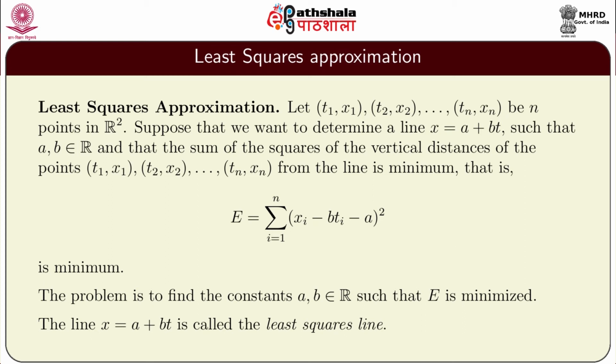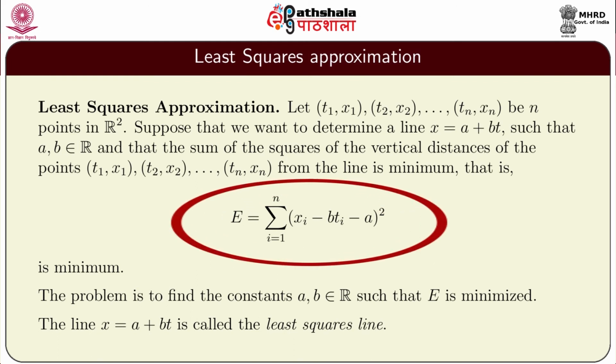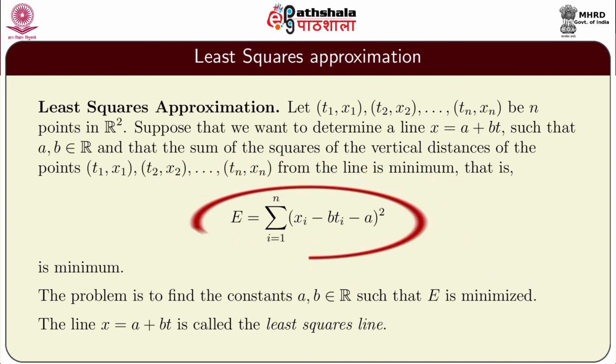That is, this quantity E, which is summation i equal to 1 to n of (xi minus b ti minus a) square, is minimum. And the problem is to find constants a, b such that E is minimized. And the line x equal to a plus bt is called the least squares line.